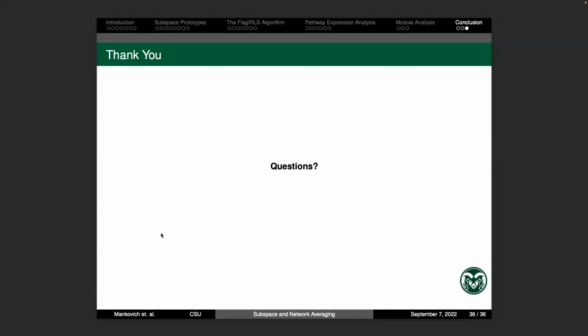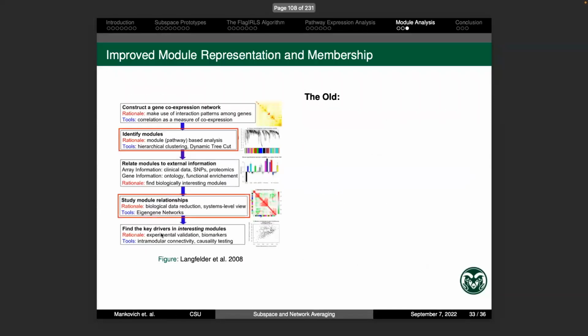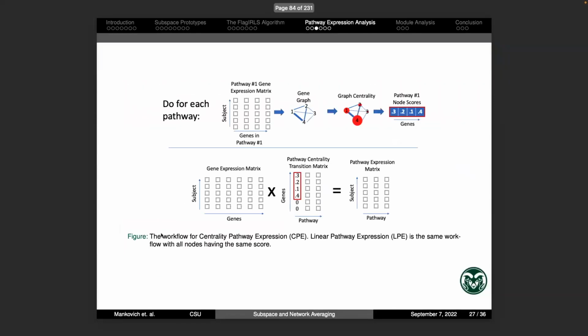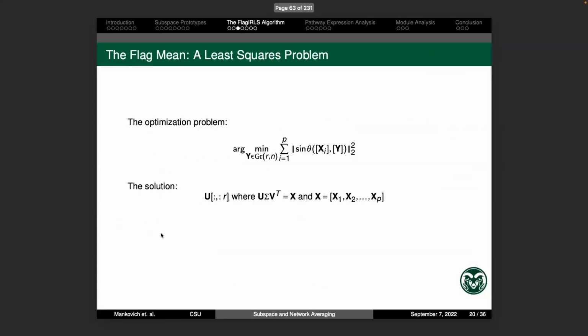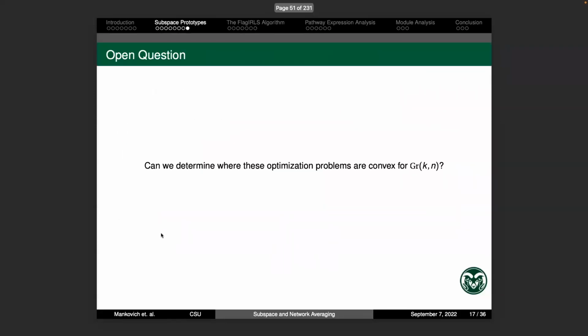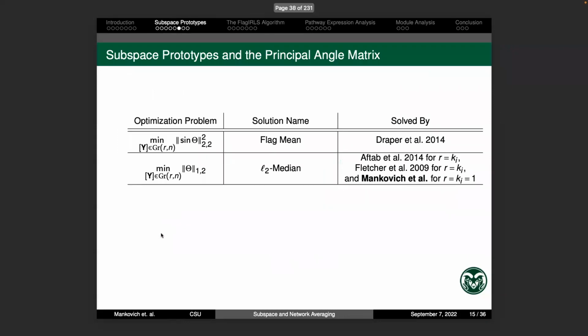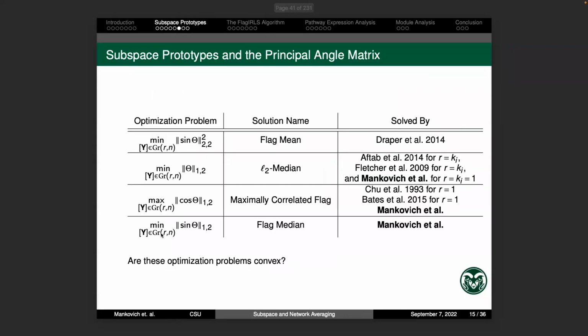Yeah, thanks, David. That's a great question. Let's maybe go back to that big table. So essentially there are these other methods, right?